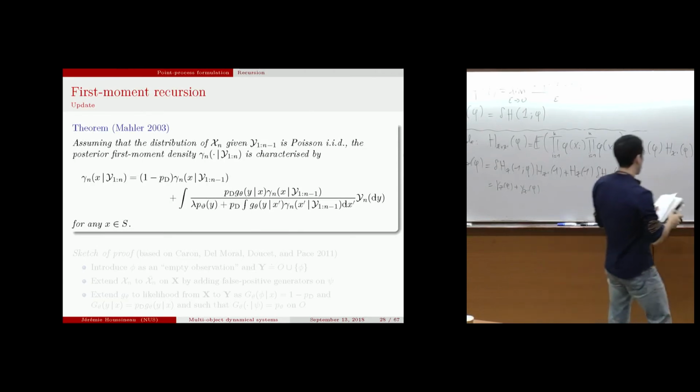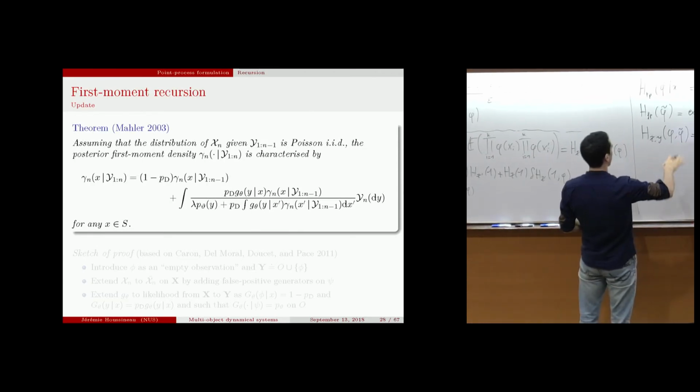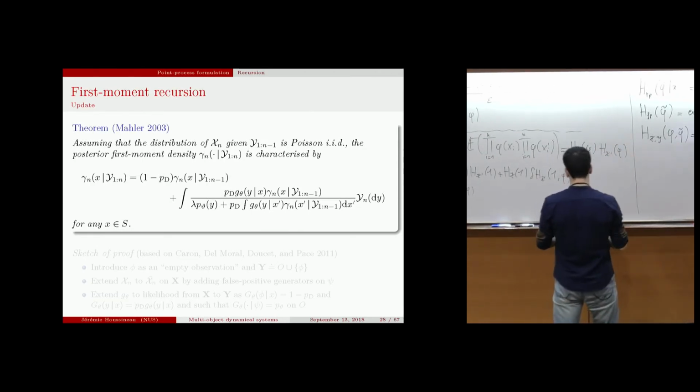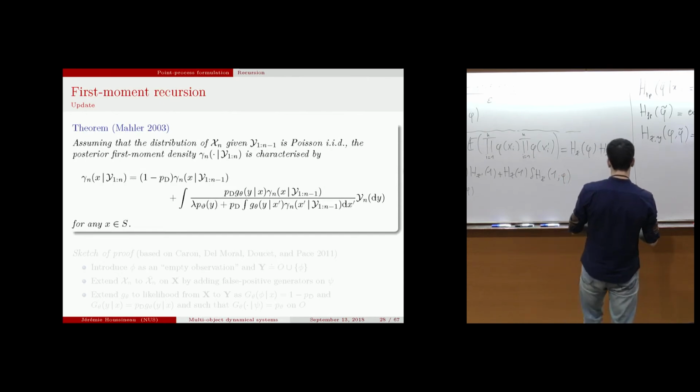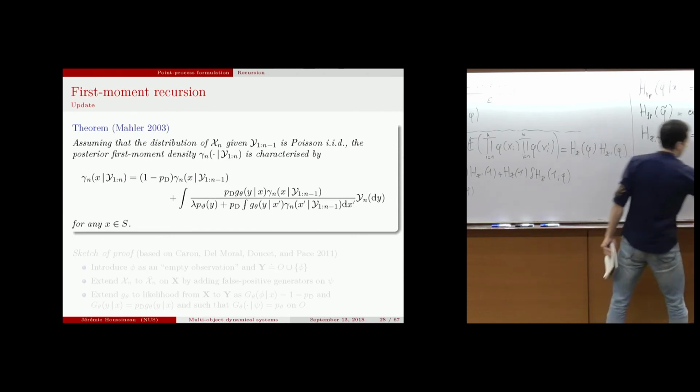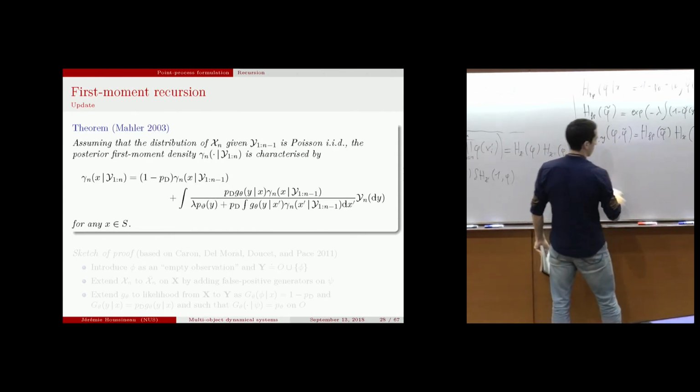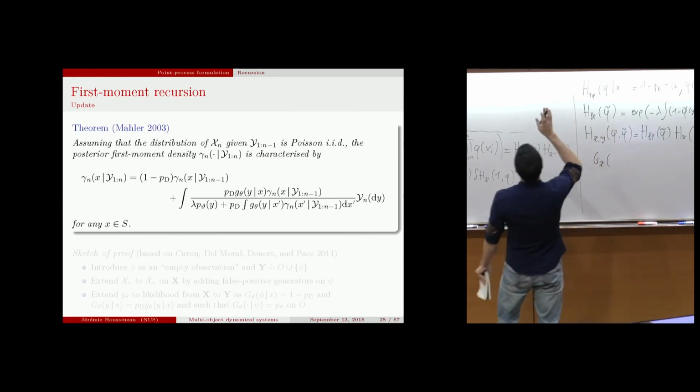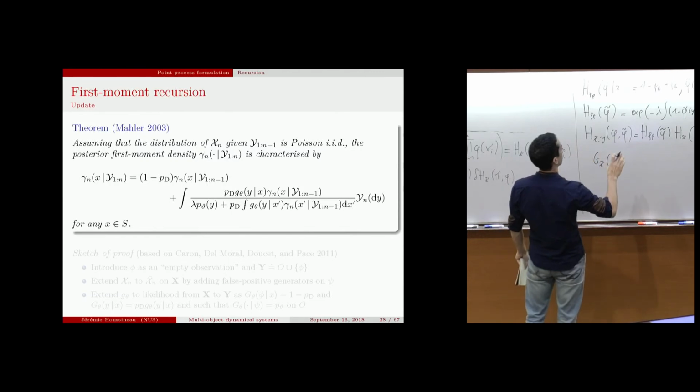And the next big step, which was also one big step in Mahler's proof, is that you can write Bayes' rule in the PGFL format. So I've dropped some indices for simplicity, I hope that's okay.